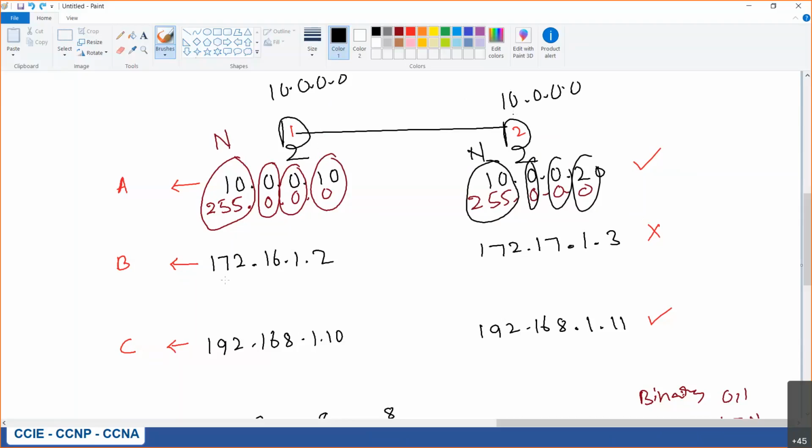Now PC B, like example B, a class B, right? Class B 255.255.0.0. Now, what can your machine understand by seeing the 255? Oh, the first octet, I am in a network position. Second octet 255. Oh, the second octet is also in network position. Right.